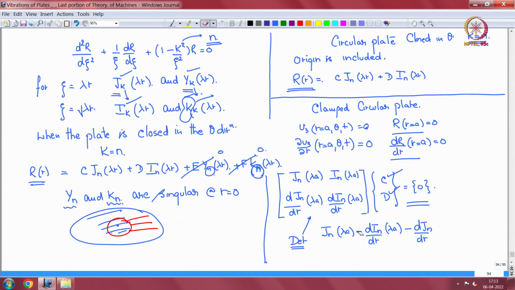What is the product? This into this minus this into this. So dJ_n/dr (lambda a) into I_n(lambda a) must be equal to 0.